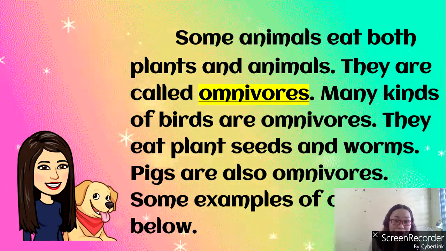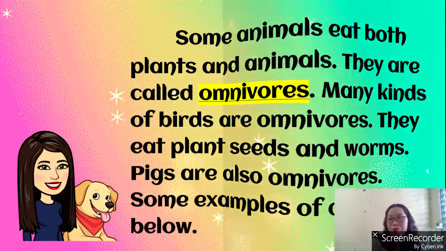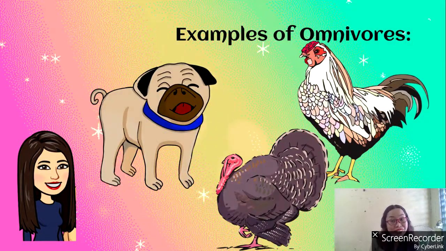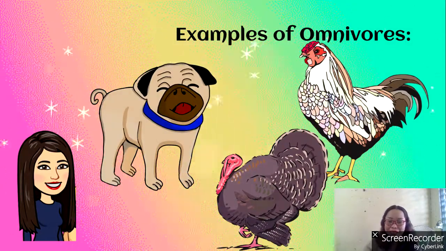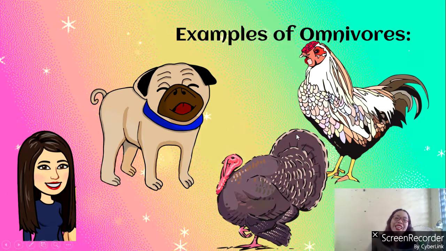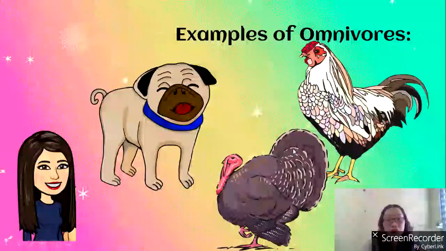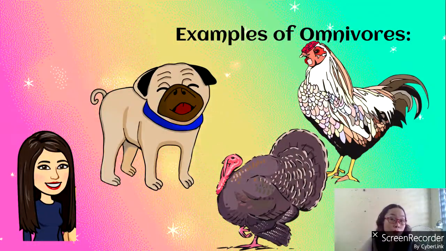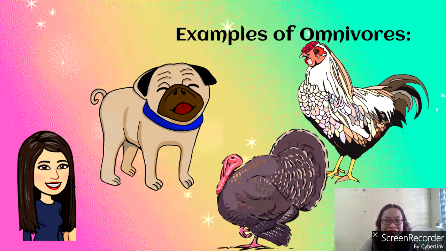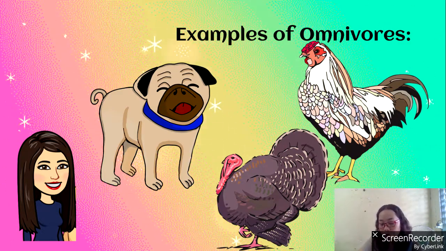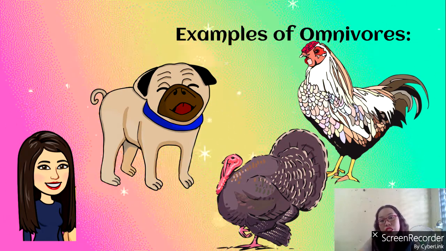Pigs are also omnivores. Some examples of omnivores are the dog, the chicken, and the turkey. Chicken, turkey, and dogs are examples of omnivores because they could eat both plants and small animals. Dogs can eat meat, of course.